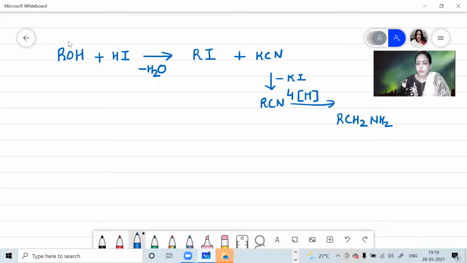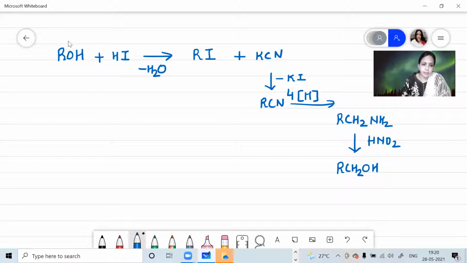The moment this product is formed, you can see you have already increased 1 carbon atom in the chain. Now this is your amine, RCH2NH2. Now this amine, when it undergoes a reaction with nitrous acid, HNO2, it forms RCH2OH, which is the required alcohol for the process.